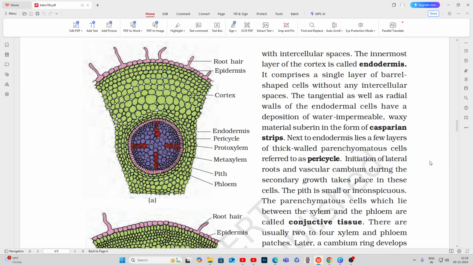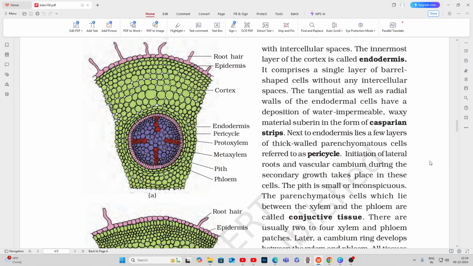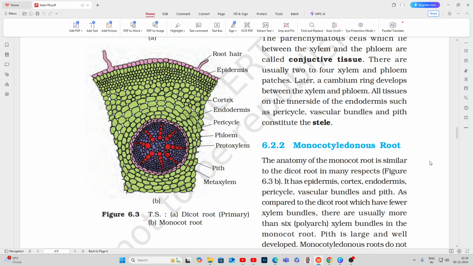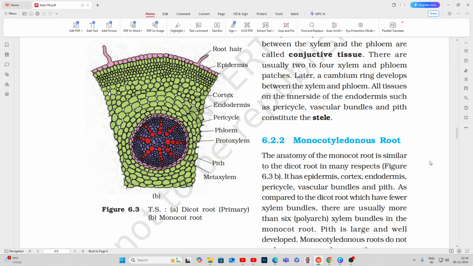Cortex. Endodermis. Pericycle. Protoxylem. Metaxylem. Pith. Phloem.